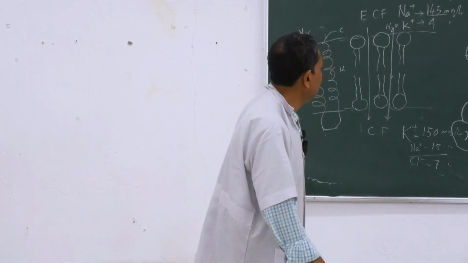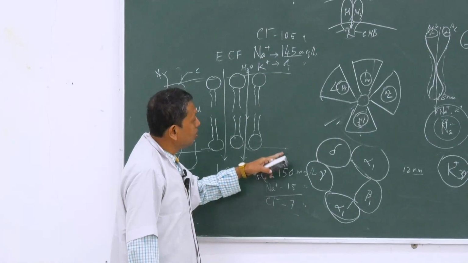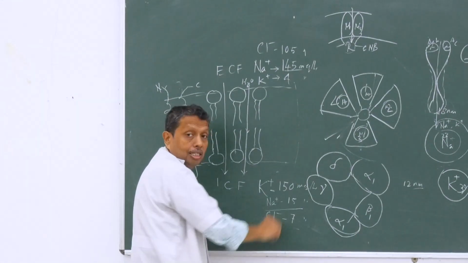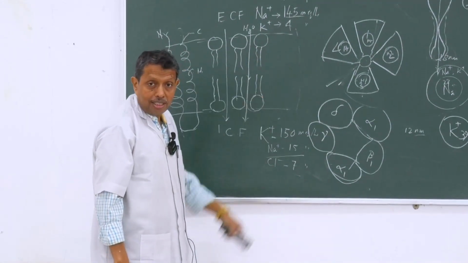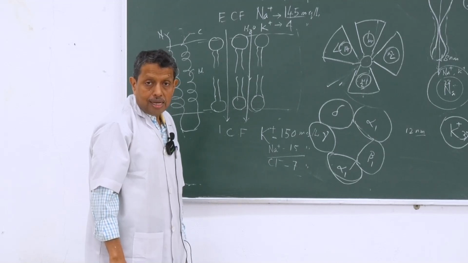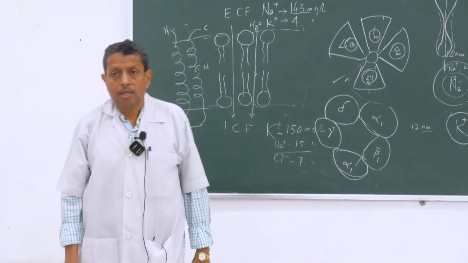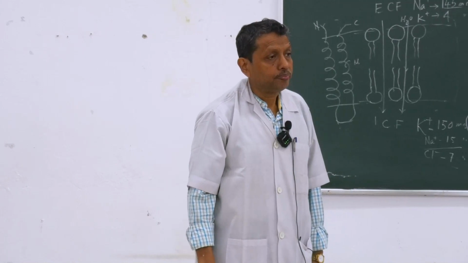Similarly, potassium ion is more in the intracellular fluid, so the tendency of potassium is to go outside, and it requires cellular energy to push potassium from outside to inside, and it is required to maintain the membrane potential, and active transport is there.